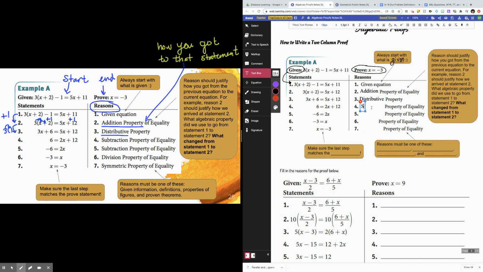So to go from step 3 to step 4, what changed was they subtracted 3x from both sides. So the next reason is the subtraction property. The same thing happened going from step 4 to step 5. They subtracted 12 on both sides.